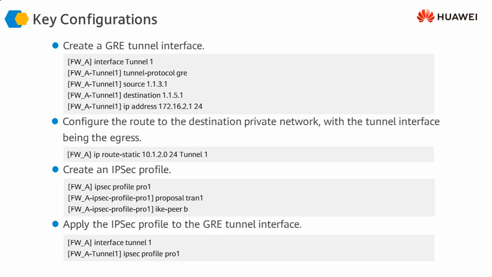So we are using the profile. We are linking this IPsec profile with the interface tunnel 1 which we created here. So this means that all the traffic that is going through this GRE interface tunnel 1 is going to be secured using the IPsec profile Pro 1. So this was the GRE IPsec configuration.